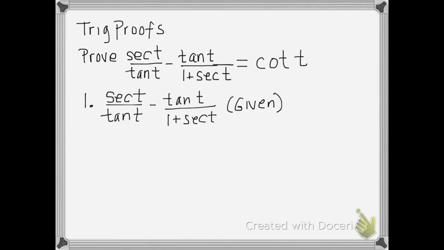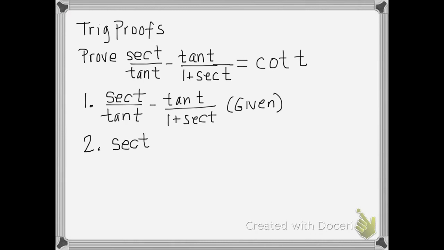So you've chosen a side, and now you are going to operate upon that expression until you get it to look like what you're trying to prove. So the next step here might be this.